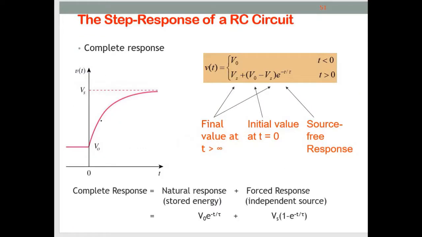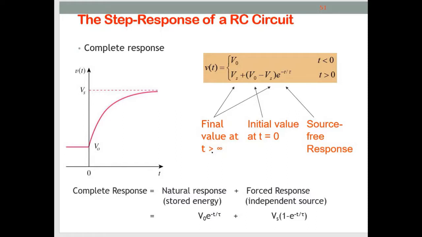Okay, the graph of the complete response of the step response RC looks like this. It starts from 0 until finally, at a certain time, the capacitor voltage will saturate at Vs. The value of the capacitor will be saturated, and here is the detailed explanation of these terms.